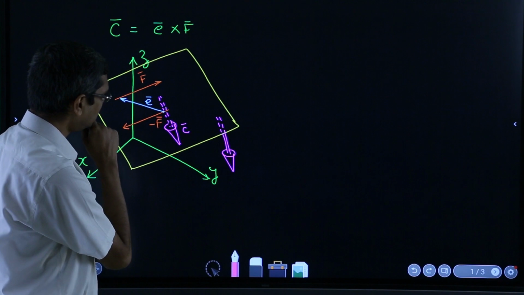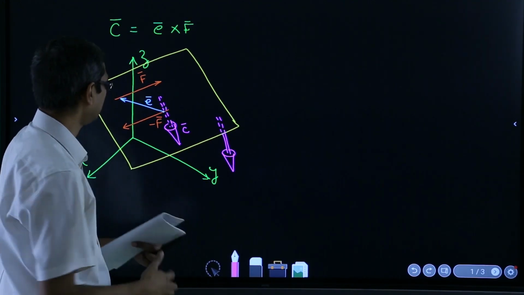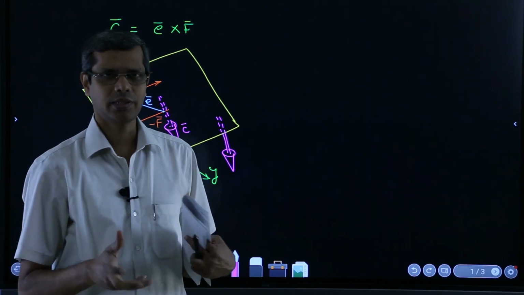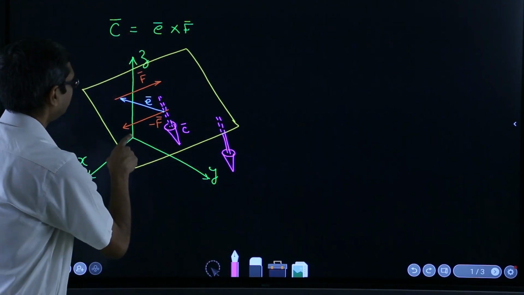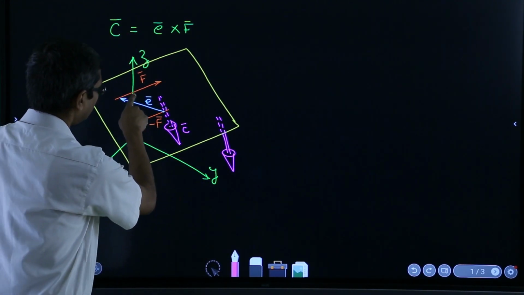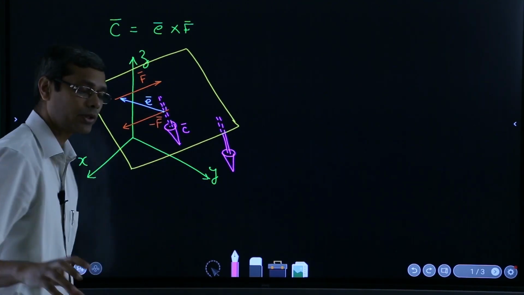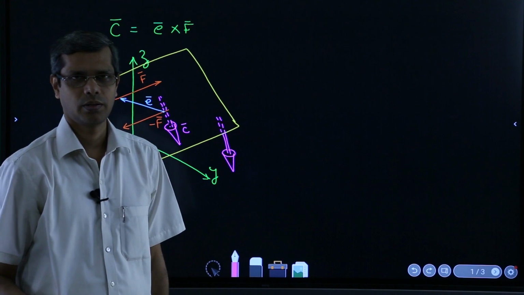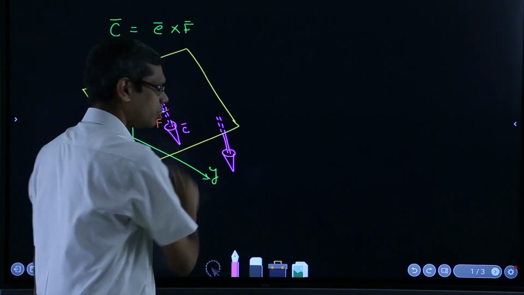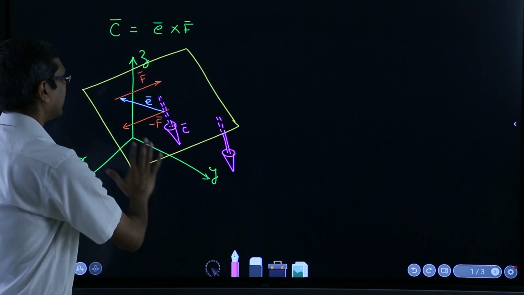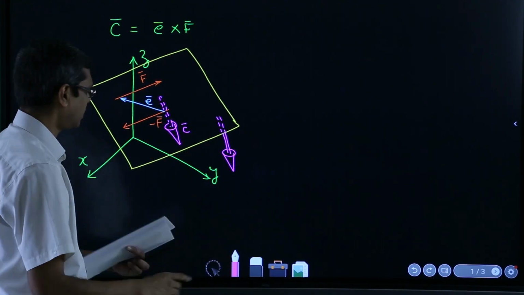And another thing it conveys is that without affecting the system in any way, you can shift the forces which constitute the couple. This is the couple moment, this is the couple. You can move the couple around on this plane, anywhere.